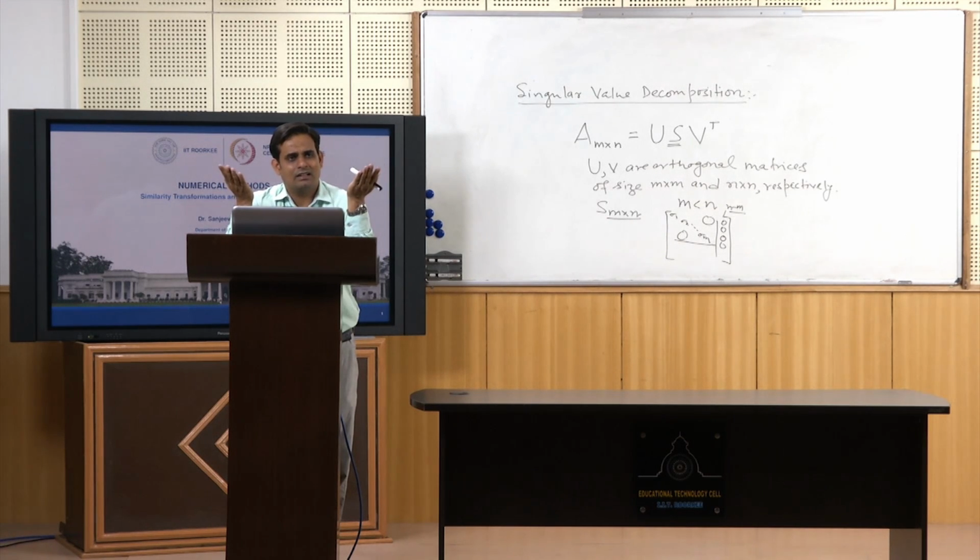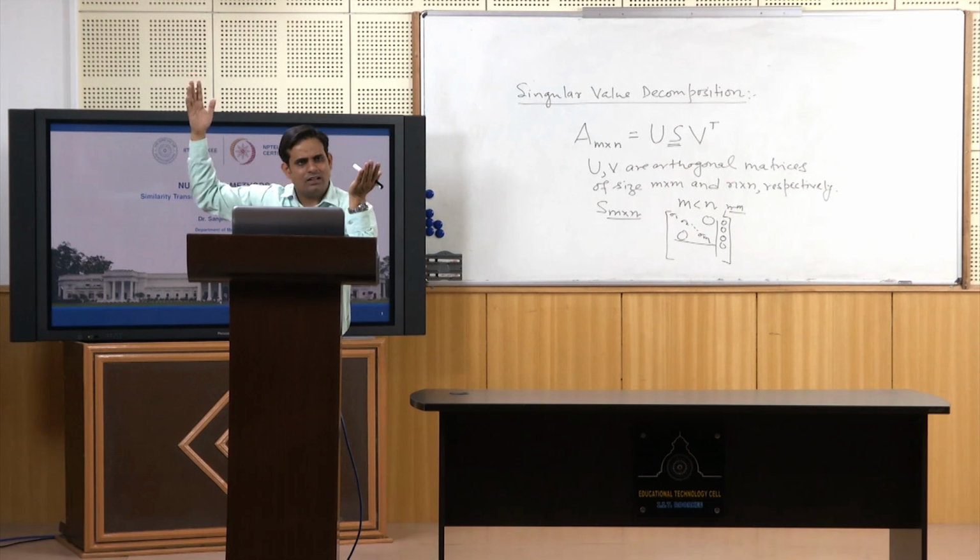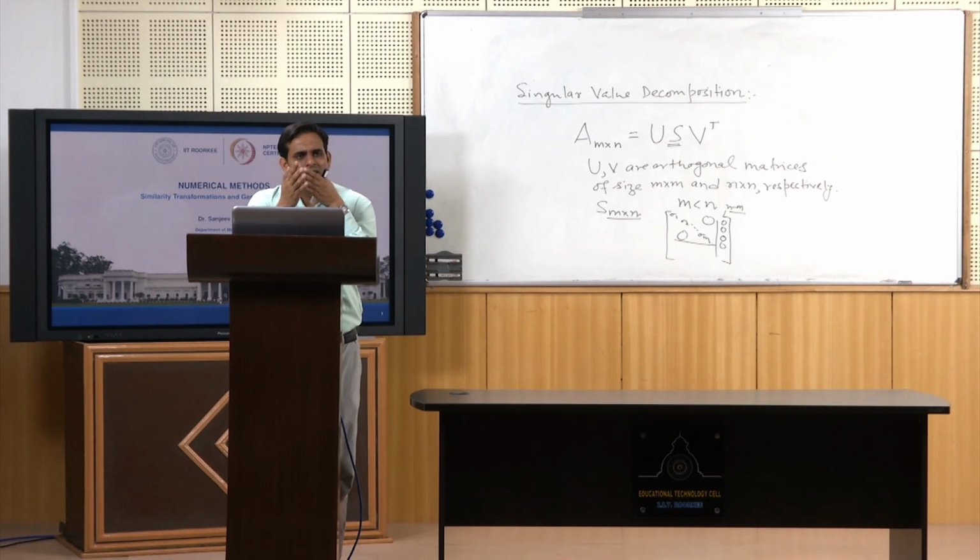If it is a 4 by 4 matrix, it may happen that 2 of the eigenvalues are quite high, let us say one is 100, another one is 105, and the rest 2 are minus 100, minus 100.